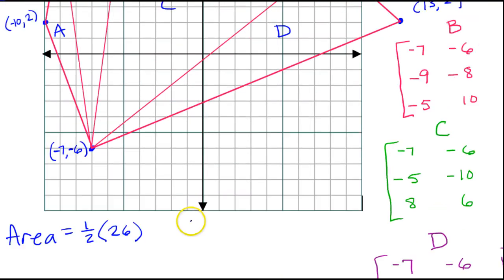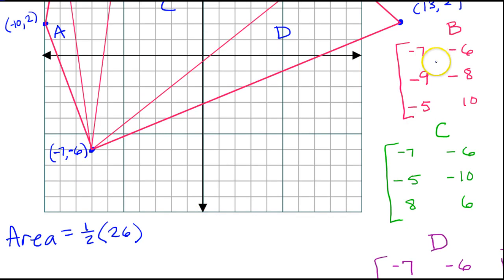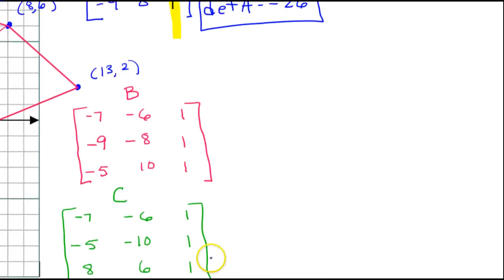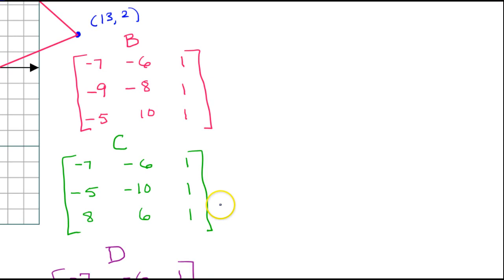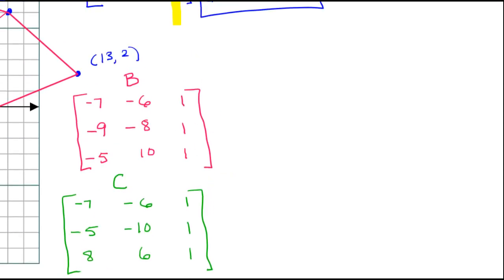Now I'm going to keep going and find the determinant of matrix B, matrix C, matrix D, and every time I find one, I will add it on to this area expression. All right, so let's move on to matrix B. So now I need to find the determinant of matrix B. I think I'll just stick to the first row again.